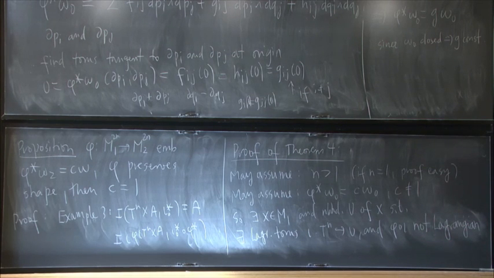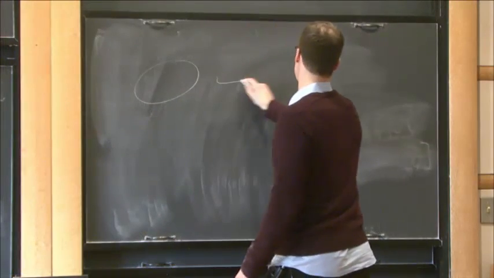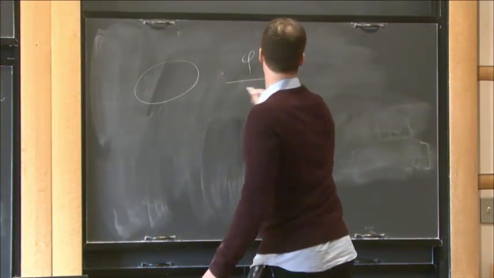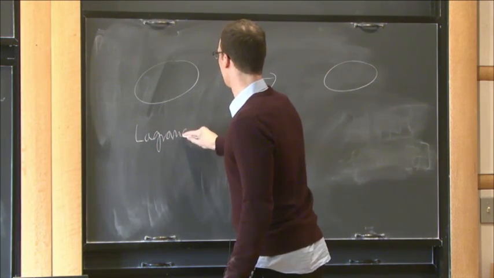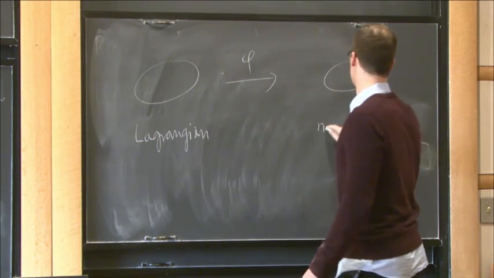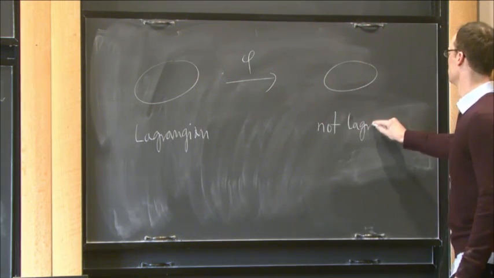And the picture looks as follows. I have something here, and then I put phi, and I have something over here. And this is Lagrangian. This is not Lagrangian.